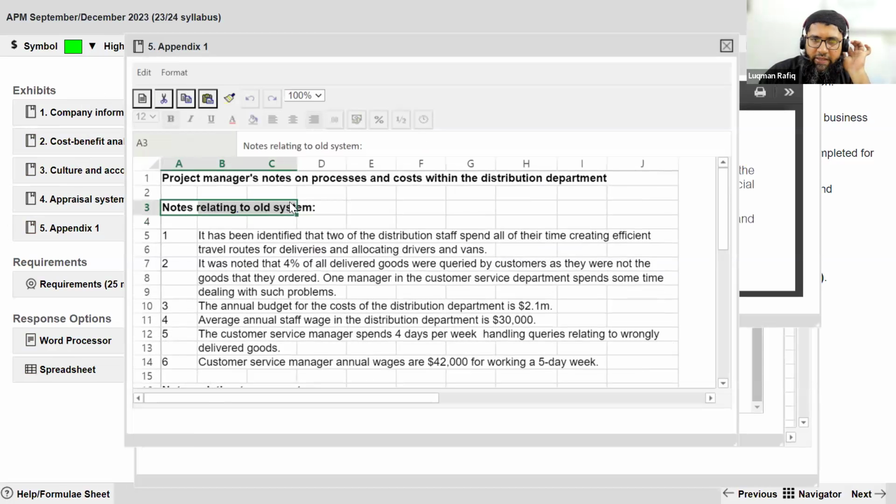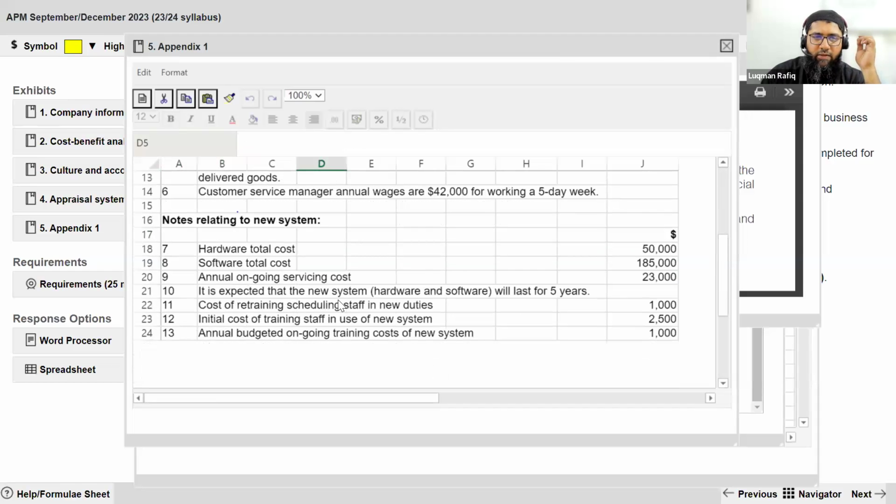Now, when you were being given the annual cost relating to the old system, the comparison always has to be like with like. Here we were being given the cost for multiple time periods. What I simply did was that whatever costs are expected to give me benefit for 5 years, I spread those costs over a period of 5 years, like retraining staff. Retraining is going to give me benefit for the next 5 years.